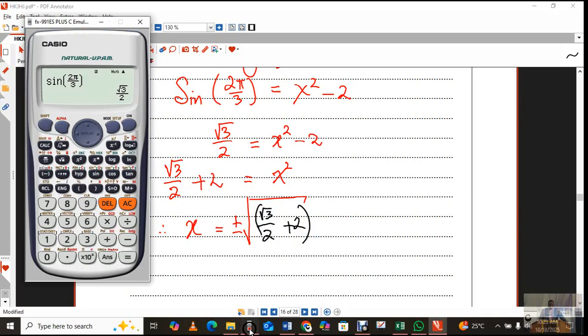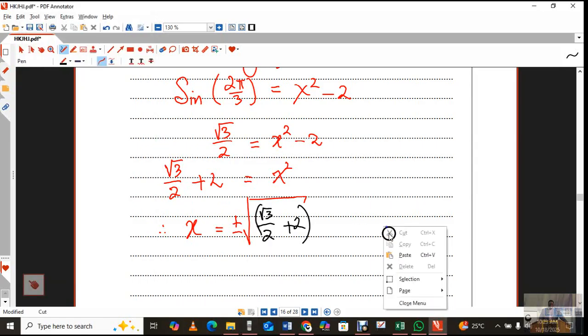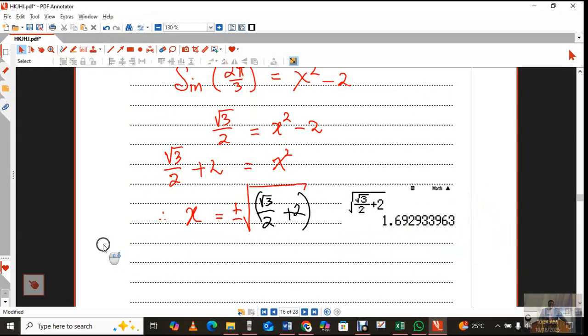Let's see using the calculator: we take the square root of root 3 over 2 plus 2, and we do get an answer of 1.69.